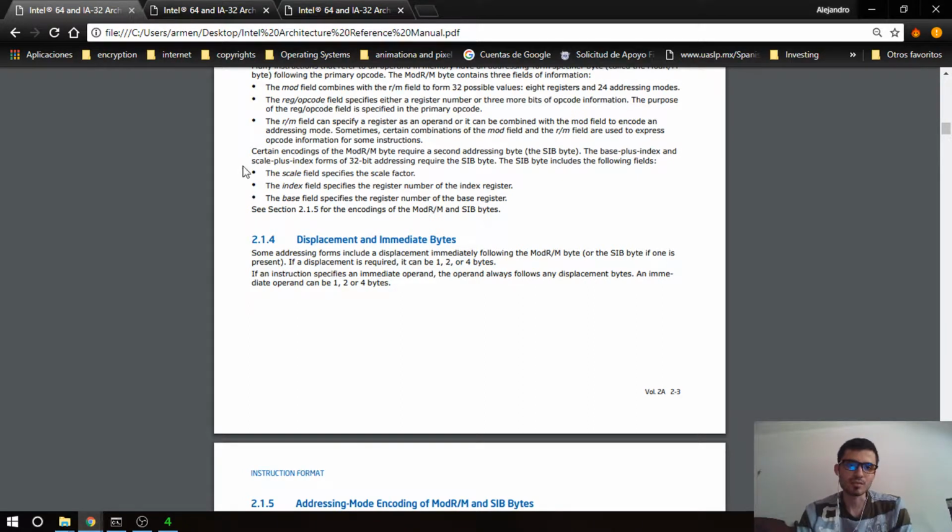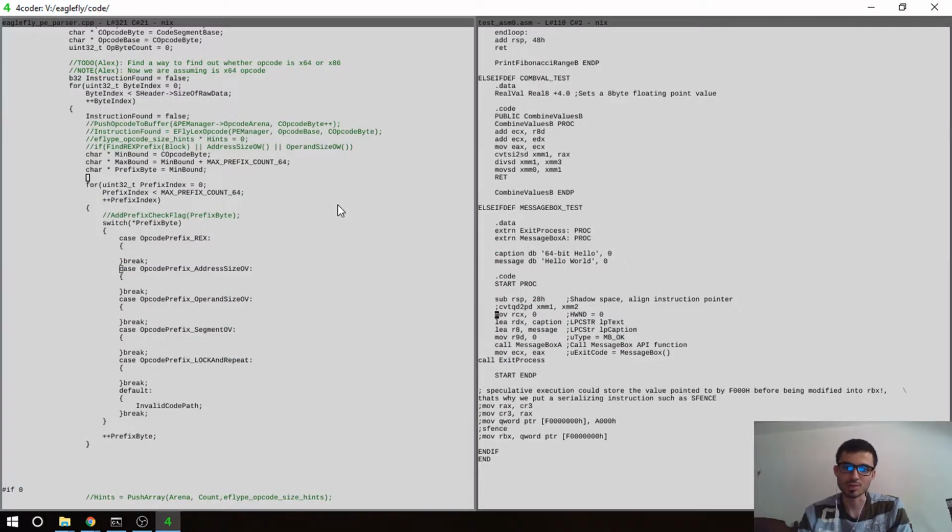And that's the reason why, if you see here the scale field, you have two registers. For SIB you need two registers.